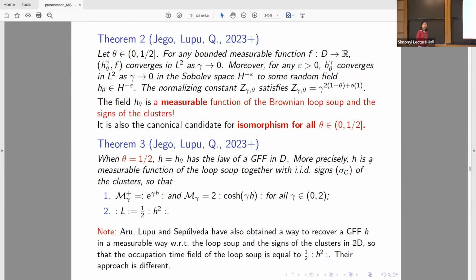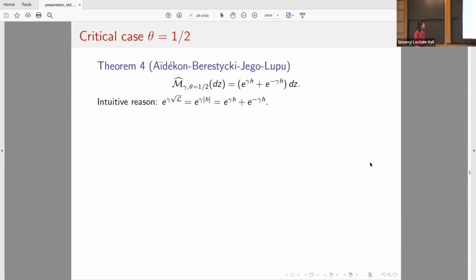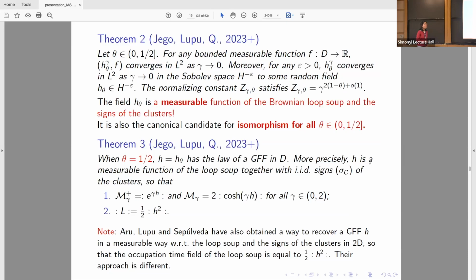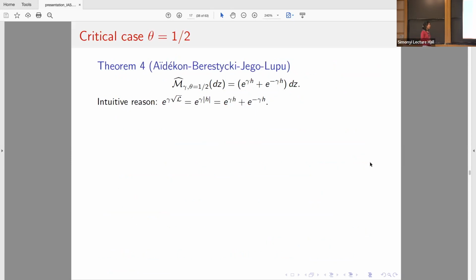Their approach is only for the critical case, while our approach works for all theta between 0 and 1/2. I first concentrate on the critical case to show that it is a correct candidate for isomorphism. So let me stay a bit more on this theta equal to 1/2 case.